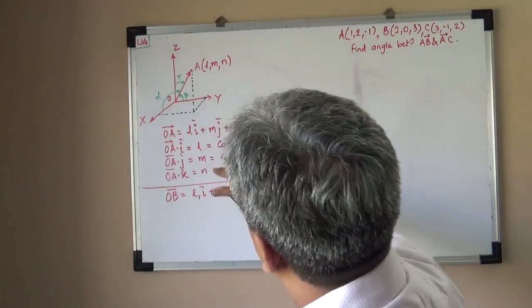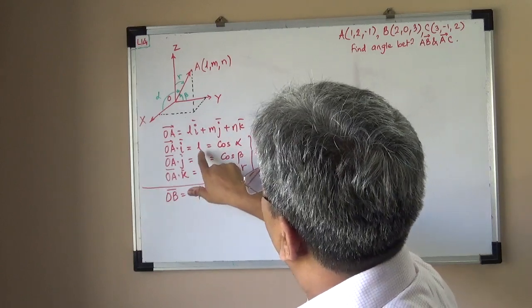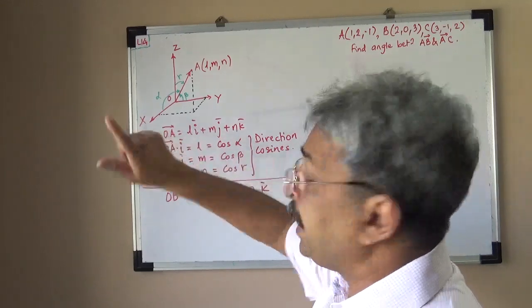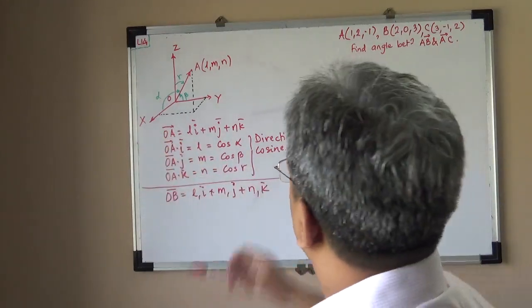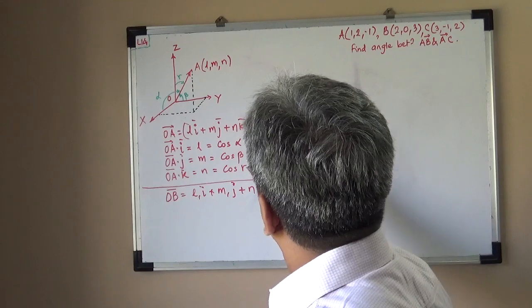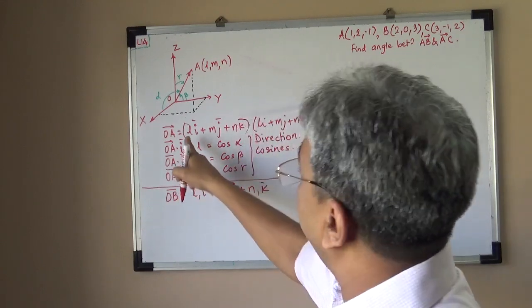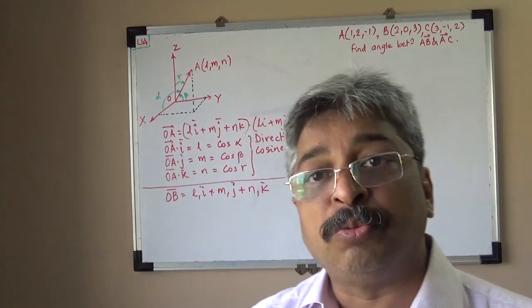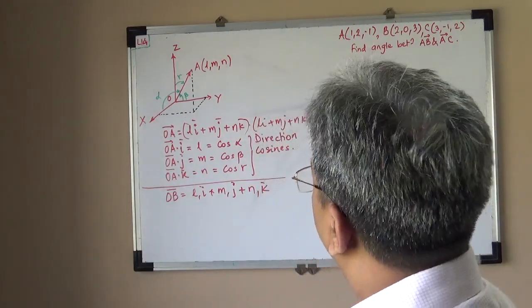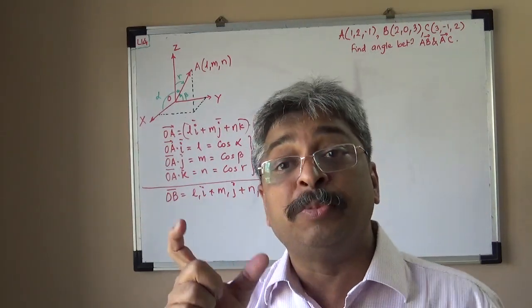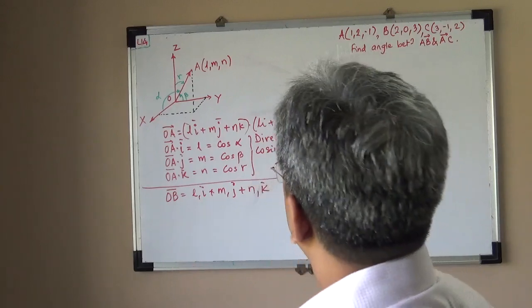However, one thing which is important to know here is l square plus m square plus n square. That means if we take OA dot OA, taking the dot product with li plus mj plus nk, we will end up getting l square plus m square plus n square, which is going to be equal to cos square alpha plus cos square beta plus cos square gamma, and that is going to be the length of vector OA, which is 1.